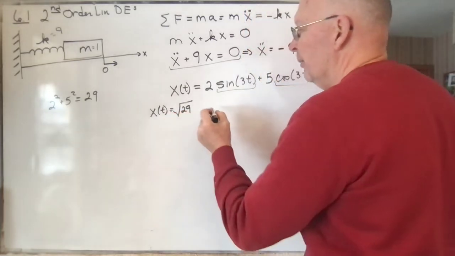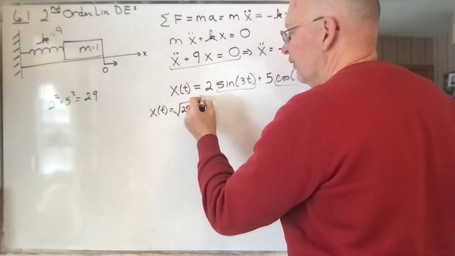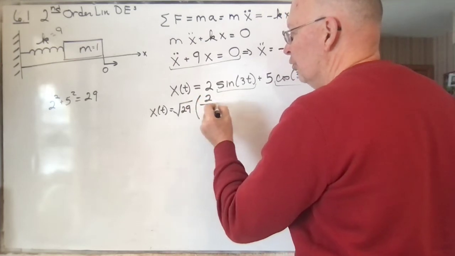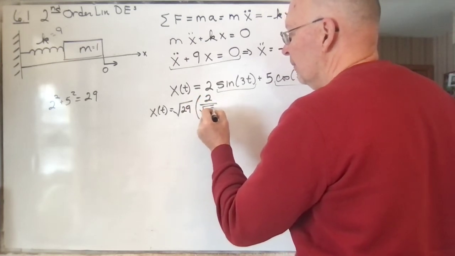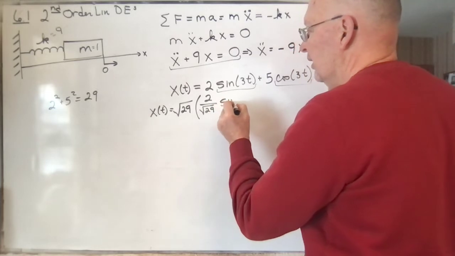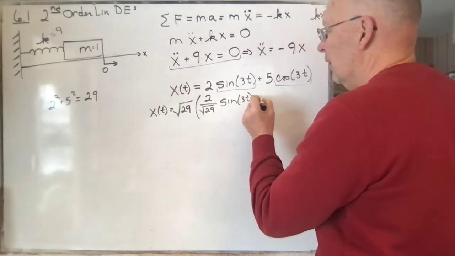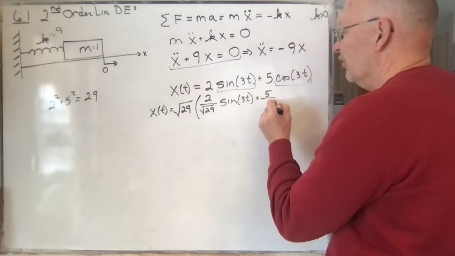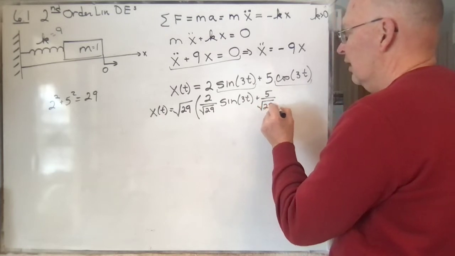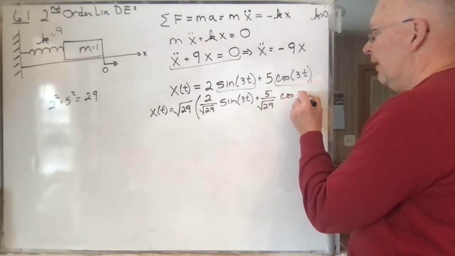And you'll see why in a minute. So I'm first multiplying out front, and then I'm going to have 2 over the square root of 29 times the sine of 3t plus 5 over the square root of 29 times the cosine of 3t.